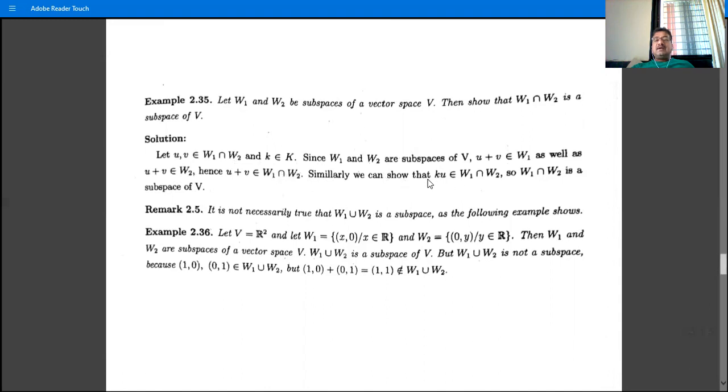And similarly, we can show the scalar condition. Suppose u is an element of W1 intersection W2, so u belongs to W1 as well as to W2, and k is any scalar.